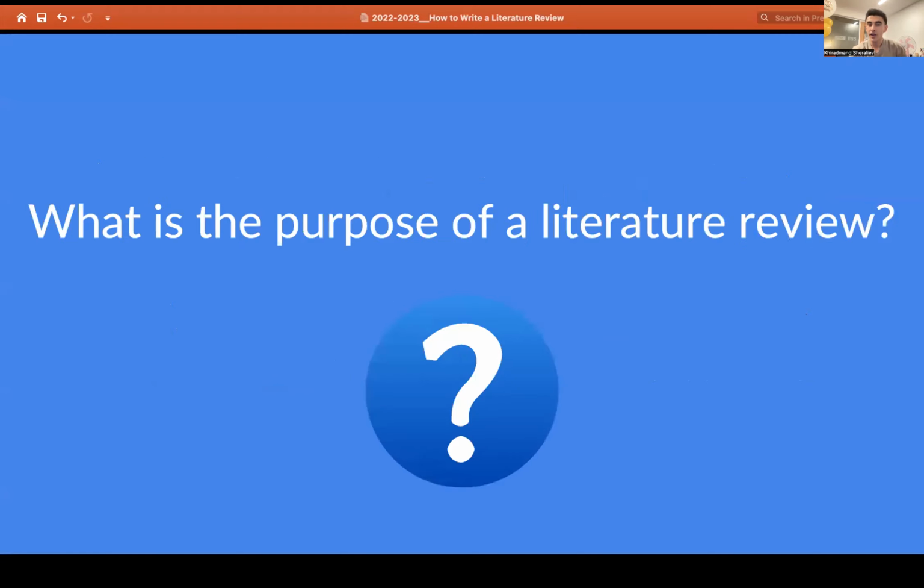The next question, what is the purpose of a literature review? Why do we have literature review in thesis, right? Senior thesis and dissertation, and almost in all kind of research-based writing. So what is the purpose of a literature review?